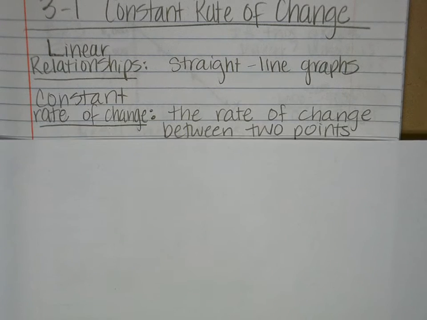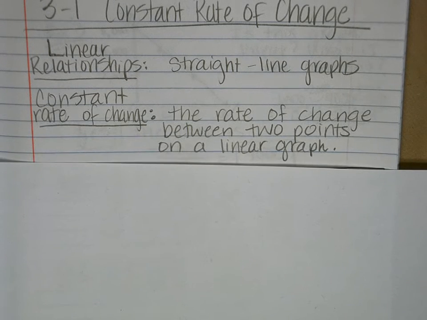And then the constant rate of change thing, what that means is that the rate of change between 2 points on a linear graph, so 2 points on a line, they're the same, okay? The constant is actually like the rate.